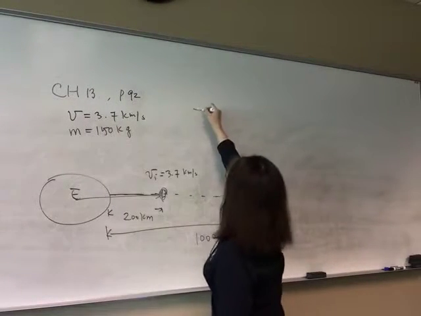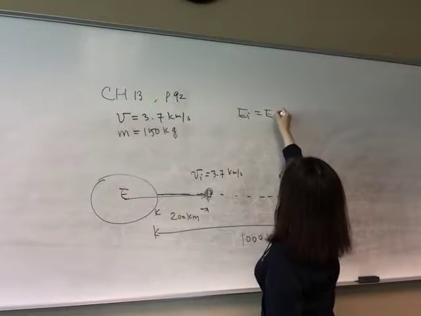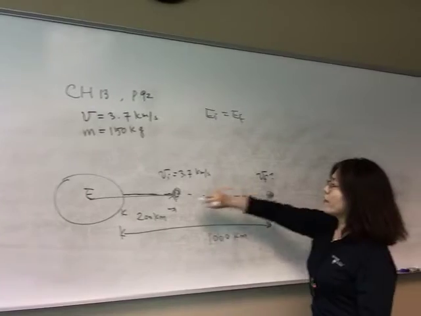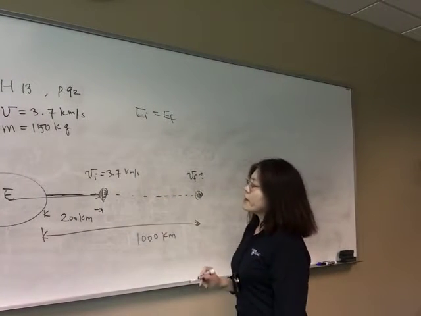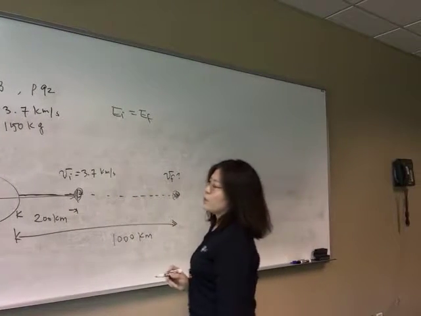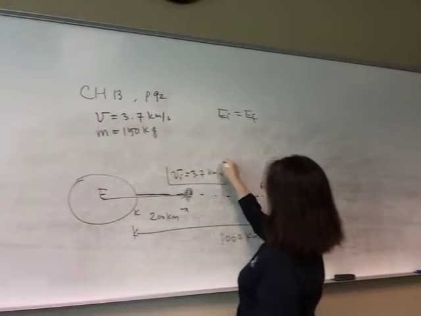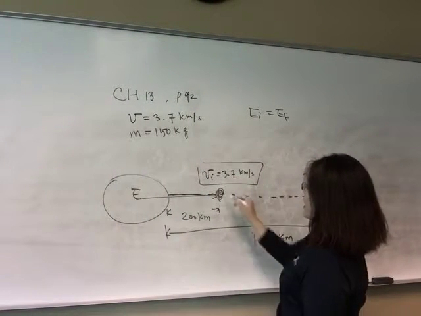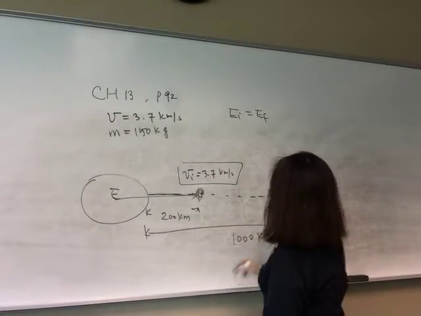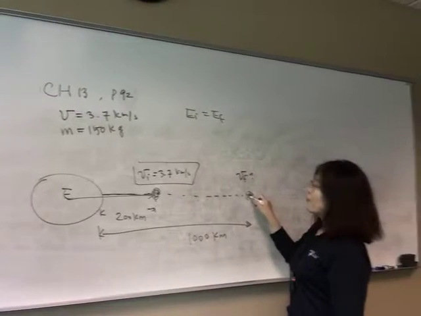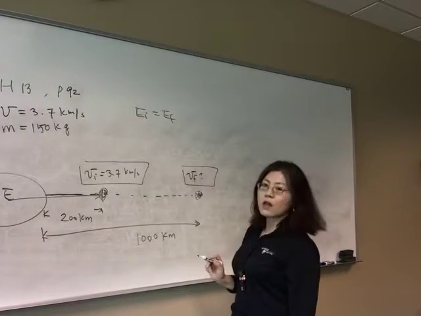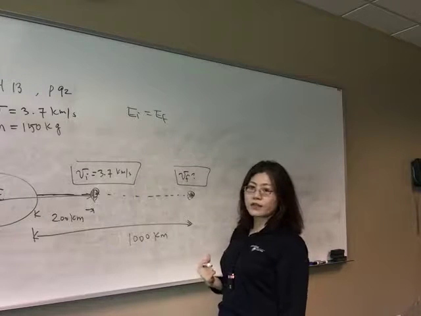So it is about energy. Energy is conserved. So at this point, what are the energies that we should consider? It is moving with the velocity, so we know that there's kinetic energy and there's a gravitational potential energy. Likewise, when it reaches this point, you are asked to find what is the final velocity. Just assume that it's not zero yet.